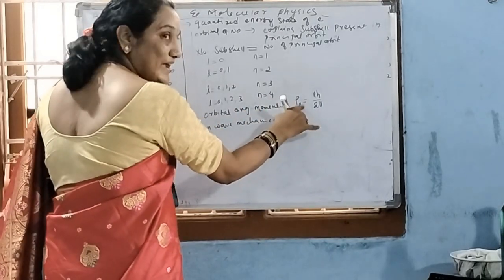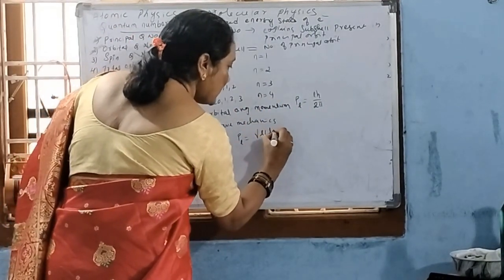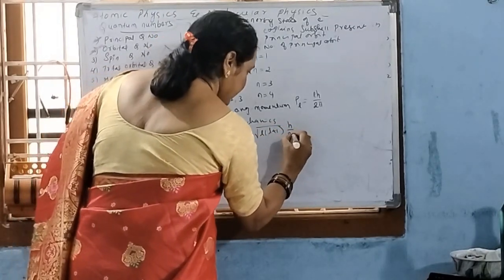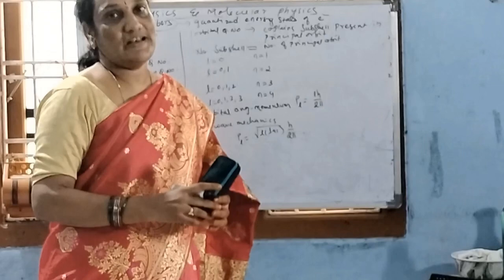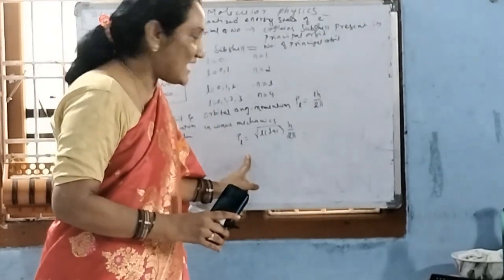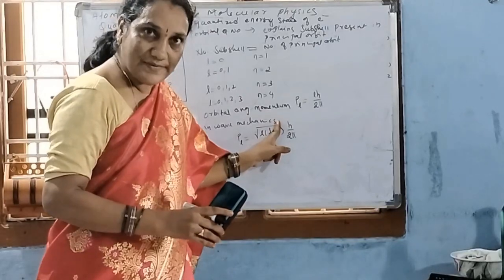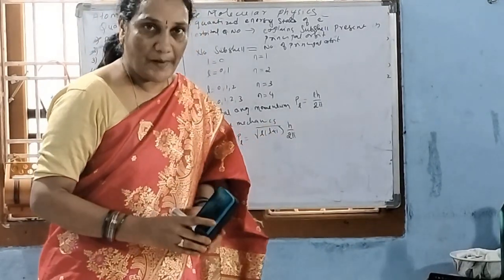As per wave mechanics, L is replaced by under root L into L plus 1. So, as per wave mechanics, the orbital angular momentum is written as under root L into L plus 1, h by 2 pi.